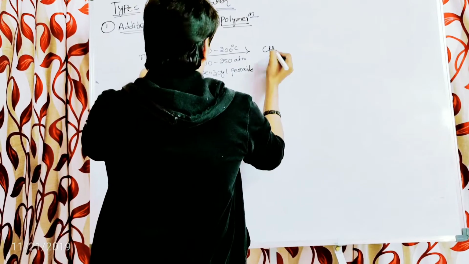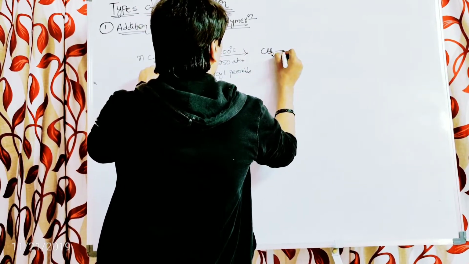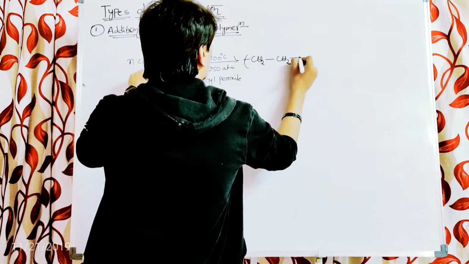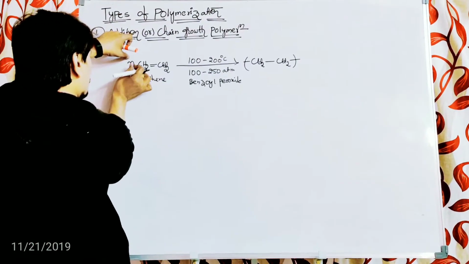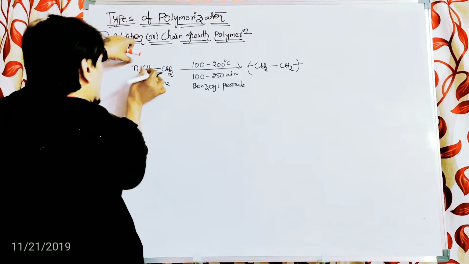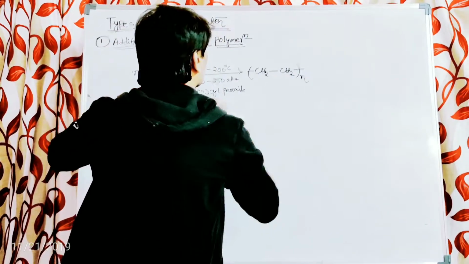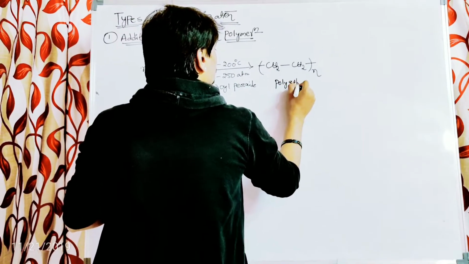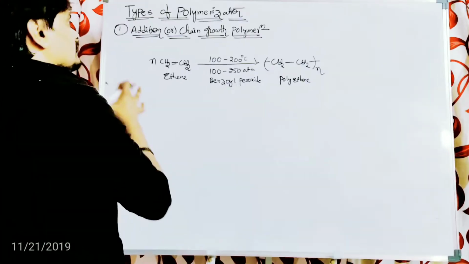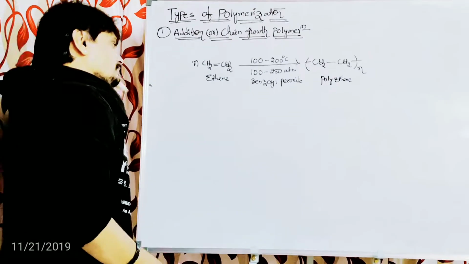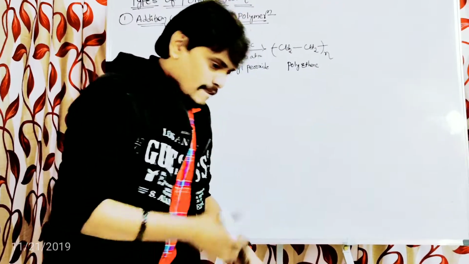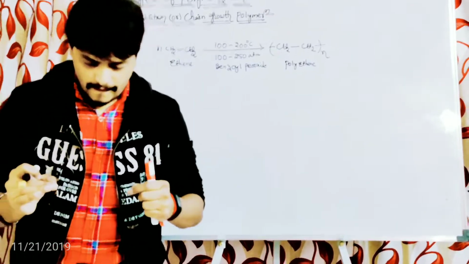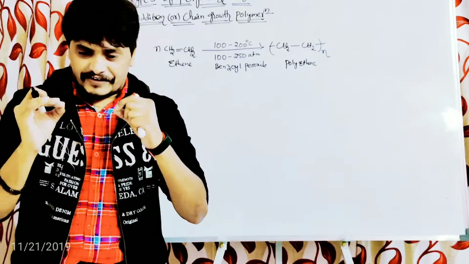Now the double bond is in the plane, so it converts to a single bond and CH2, and whatever the number or alphabet which is there before the monomeric unit becomes a subscript for the polymer, which is polythene. Right.